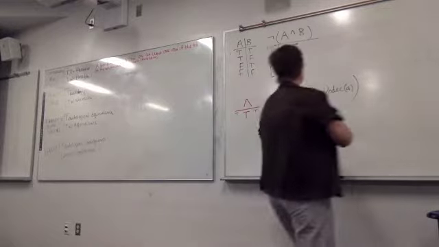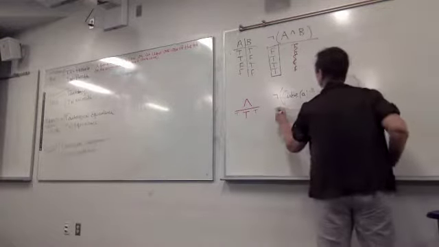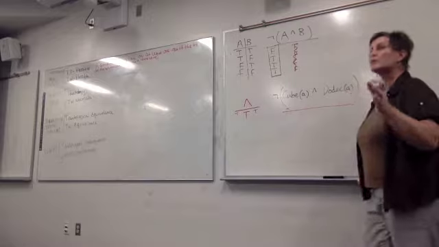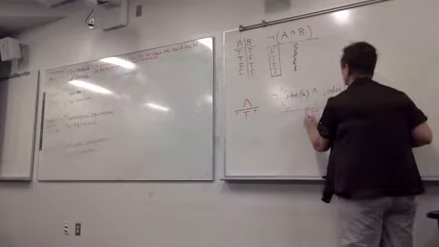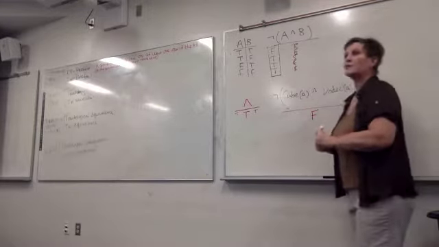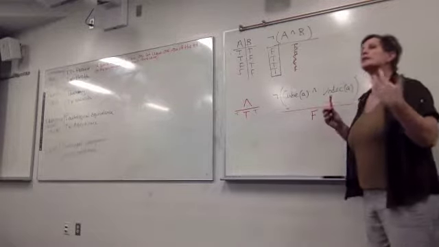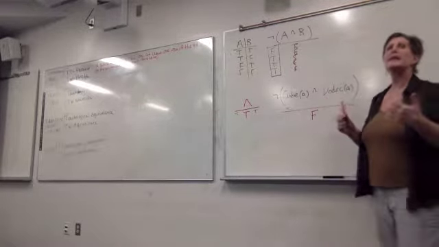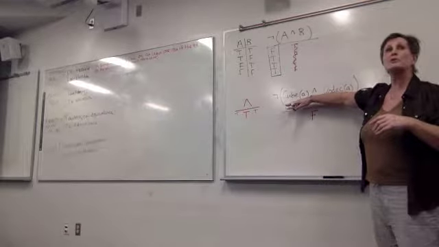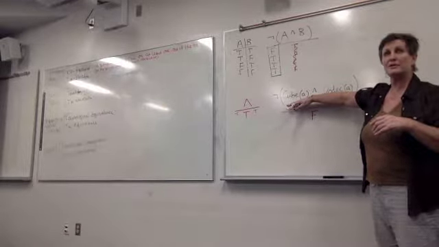Here's what we understand. From the standpoint of Tarski's world, this sentence is false. It's impossible. It's a logically contradictory sentence. It is not possible to build a world in which that's true.